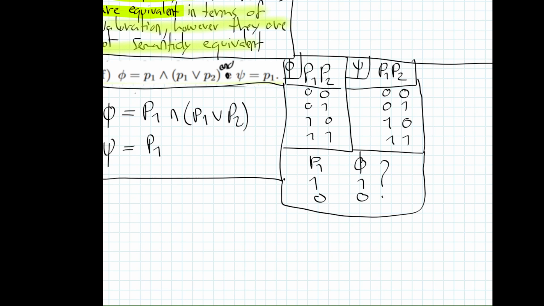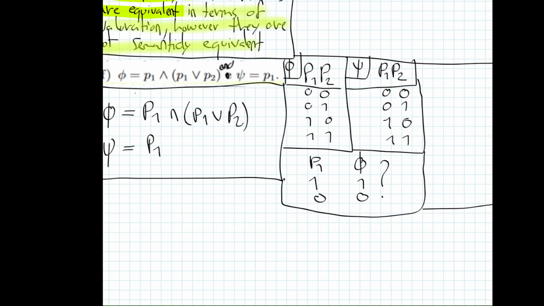So, let's see. The truth tables are here. I forgot that we're trying to, okay, I'll just do it down here. Let's close this gap.